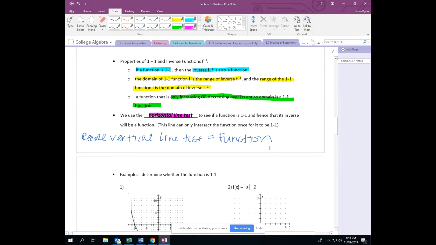It says to check and see if something is one-to-one, you use the horizontal line test. The horizontal line test says that if you can draw a horizontal line anywhere on the picture and it intersects the graph only one time while you're drawing it, then the function is one-to-one. And that means that it has an inverse that's a function.